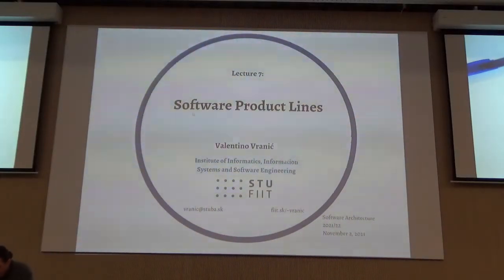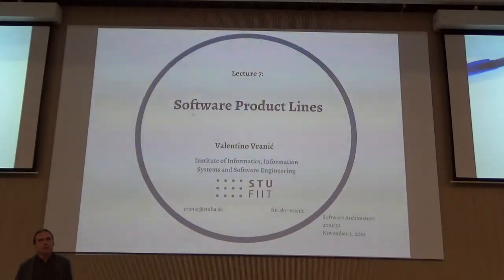We talked about various different things, various different perspectives on software architecture, and if you recall, in the first lecture, but also in the last lecture, I mentioned some things regarding some more generic design that will be kind of reusable.